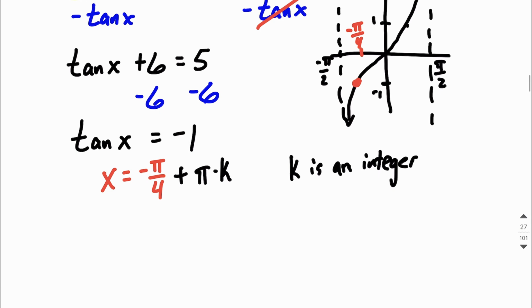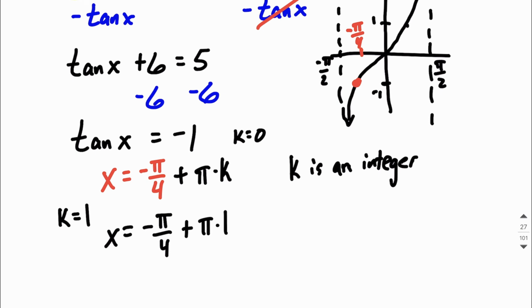So if k equals 0, we're going to get -pi/4. Doesn't work. So let's next try k equals 1. That's going to give us the solution x equals -pi/4 plus pi times 1.